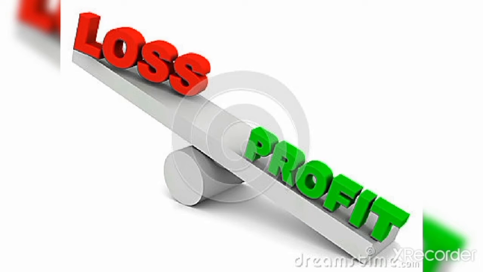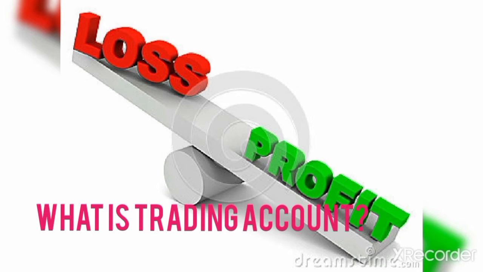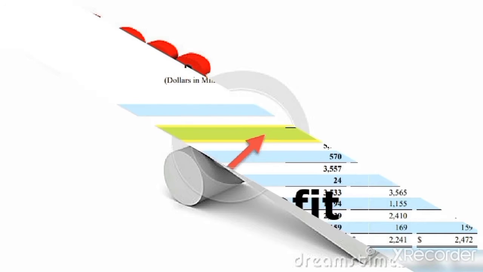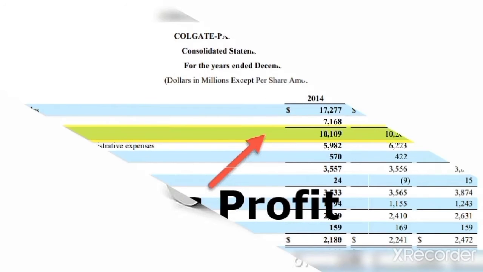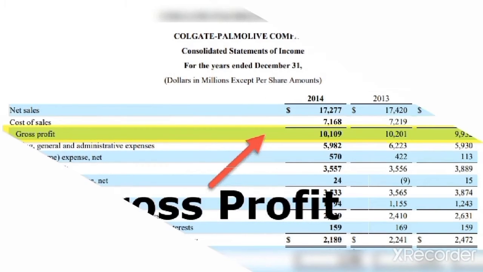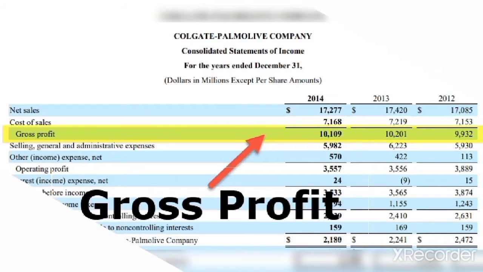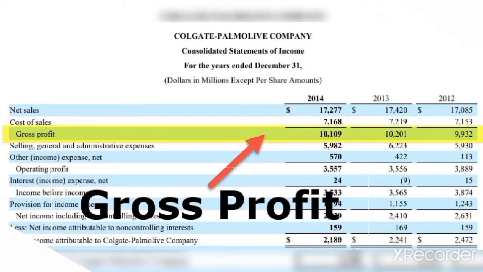And this profit is what every organization intends to get before going into the business. Now, in trading account, it is calculated to determine the gross profit. What is gross profit?